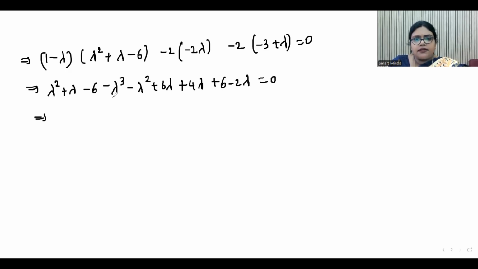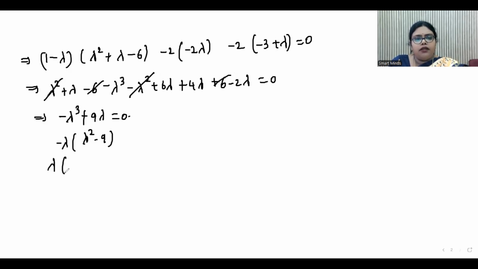So now you see lambda square minus lambda square cancel, plus 6 minus 6 cancel. So what are you left over with? Minus lambda cube minus 9 lambda is 0. So if you take minus lambda common, you will get lambda square plus 9... sorry, lambda square minus 9 with lambda outside.